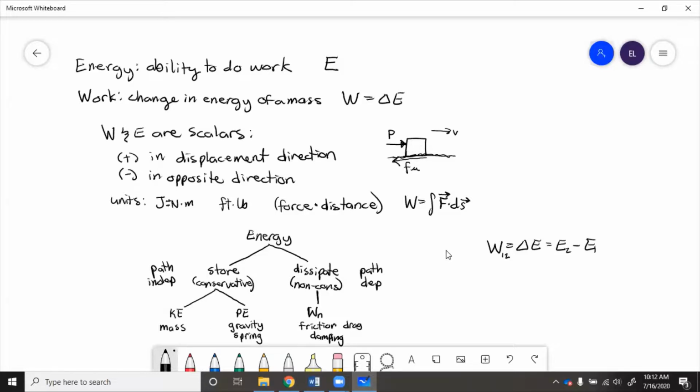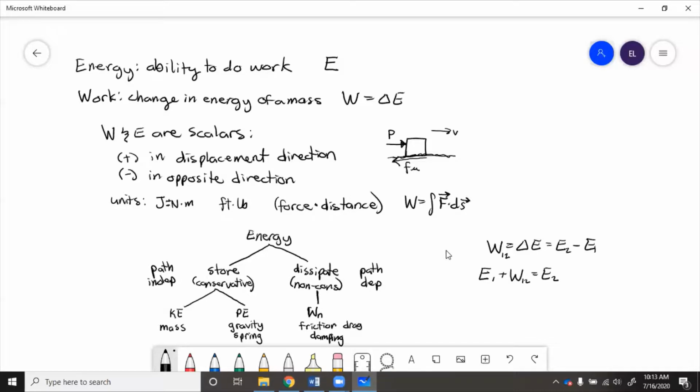So if we rearrange this, energy at state 1 plus work from 1 to 2 equals the energy at state 2. So if an object has a certain amount of energy, you put work into it, then it has more energy at the end. Similarly, if it has a certain amount of energy and you took some energy away, like through friction or something, then it will have smaller energy at state 2.